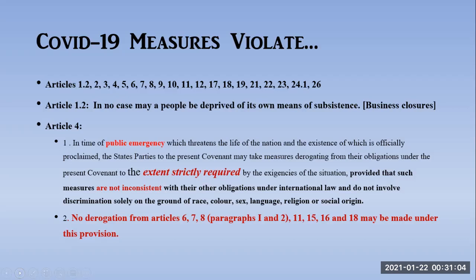This is a targeted approach, not arbitrary, not vague, by the exigencies of the situation. And this needs to be demonstrably justified, provided that such measures are not inconsistent with their other obligations under international law and do not involve discrimination solely on the ground of race, color, sex, language, religion, or social origin.